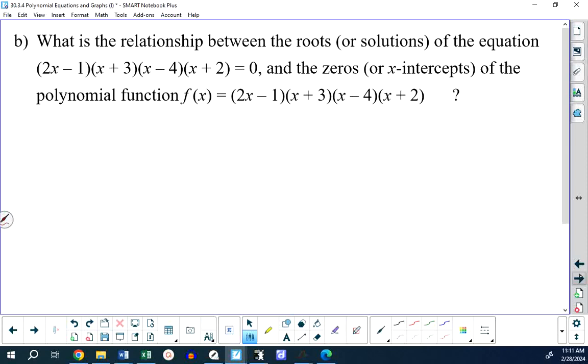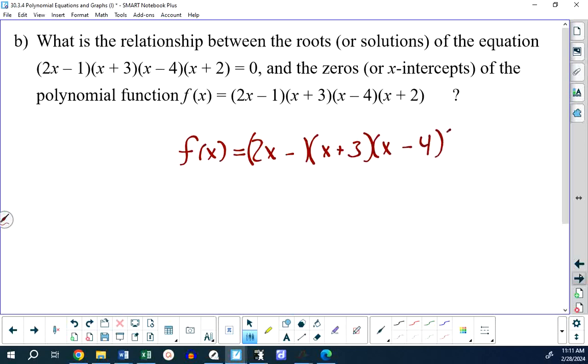The bottom line is when you compare this and this is an intuitive thing. Well, not really intuitive. I don't know that you need to write all this down. When you compare this function, the question says, what's the relationship between the zeros of this function and the solutions to this equation?